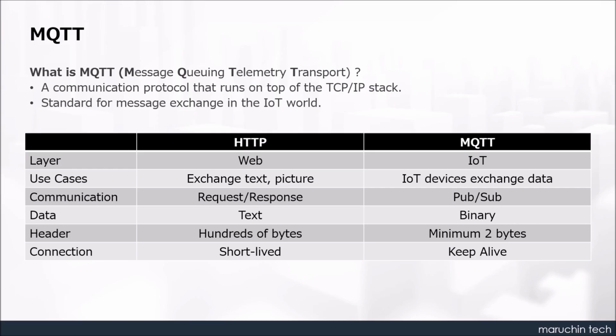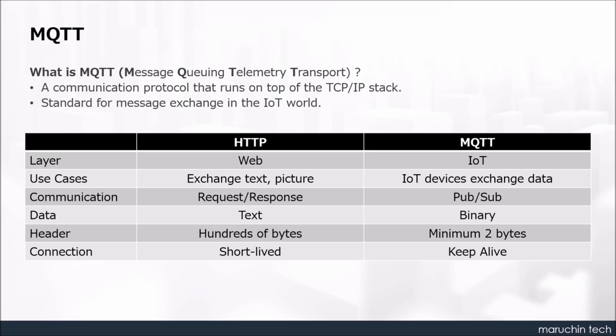While HTTP is the standard technology for the web, MQTT is designed for IoT. HTTP follows a synchronous request-response model. In contrast, MQTT uses a pub-sub model, which is asynchronous and decoupled. The biggest difference is efficiency.